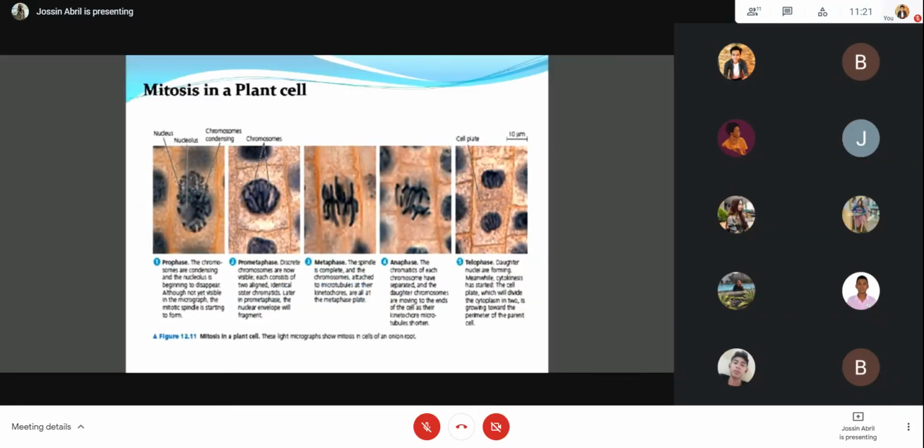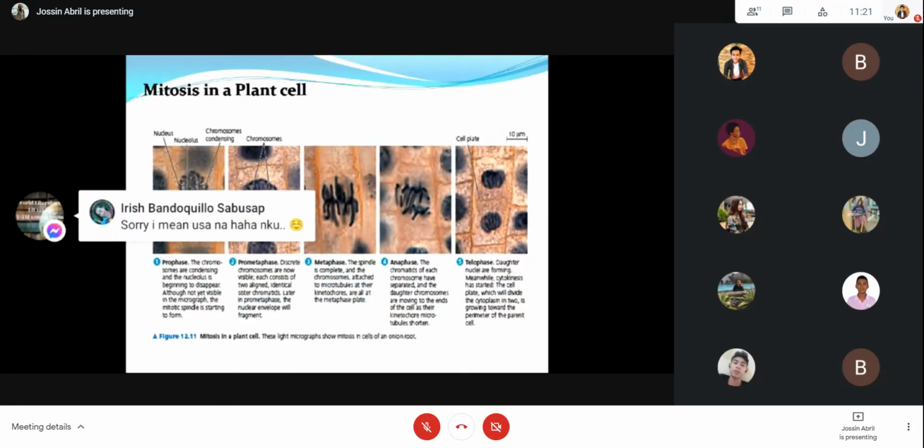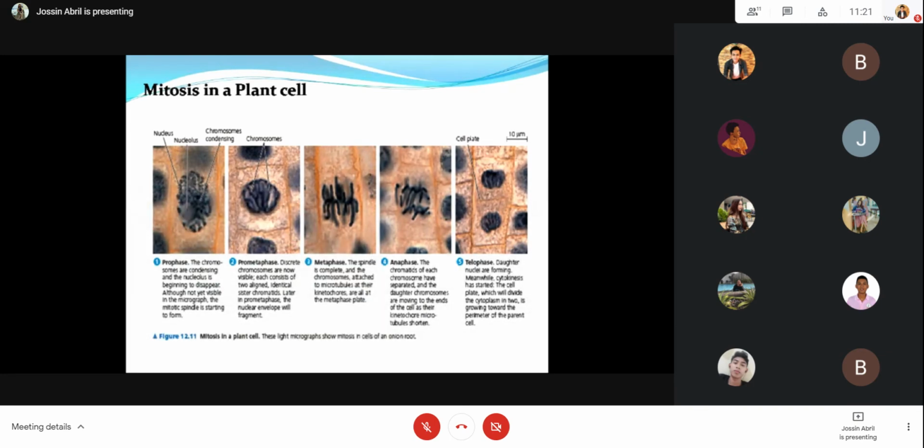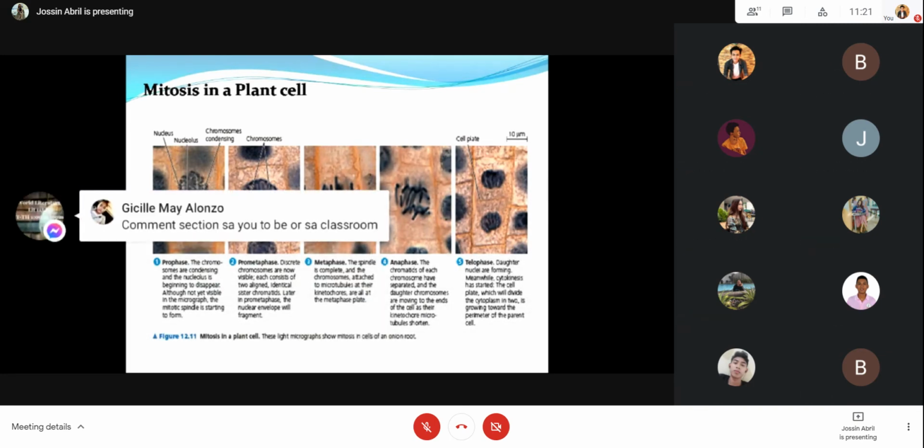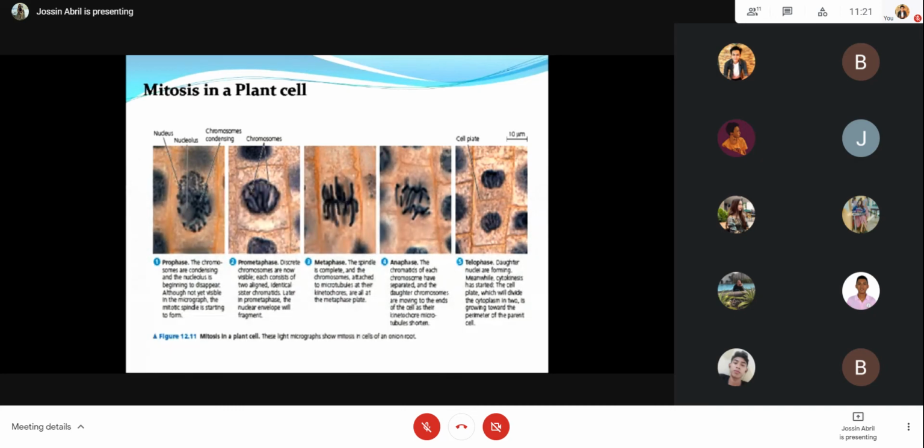The mitosis in a plant cell. The first phase in plant cell is the prophase, similar to the animal cell. The chromosomes are condensing and the nucleus is beginning to disappear, although not yet visible in the micrograph. The mitotic spindle is starting to form.